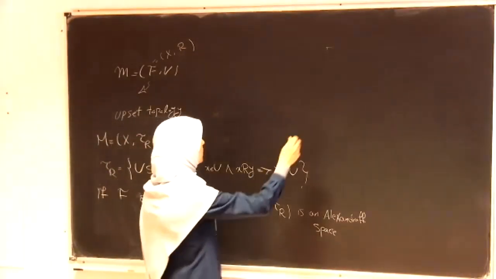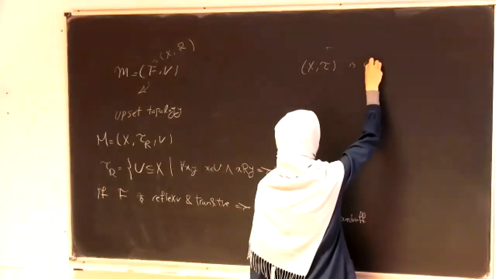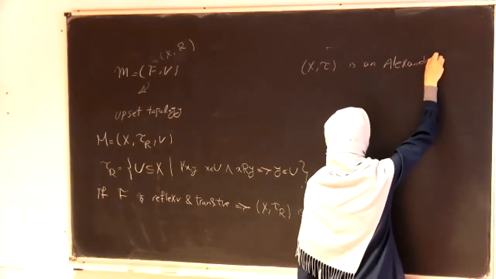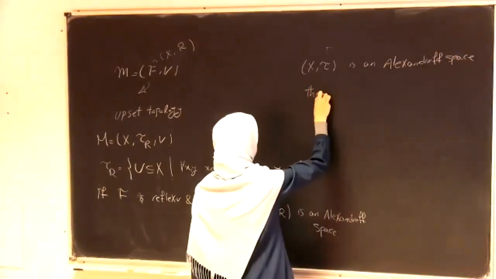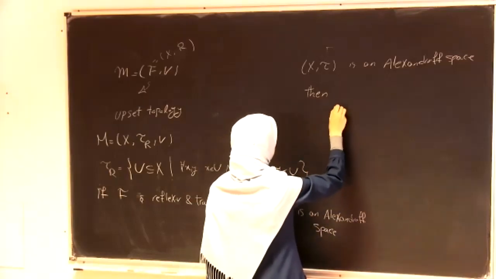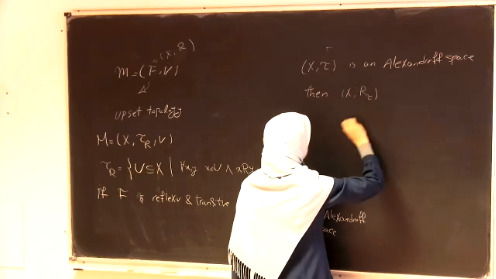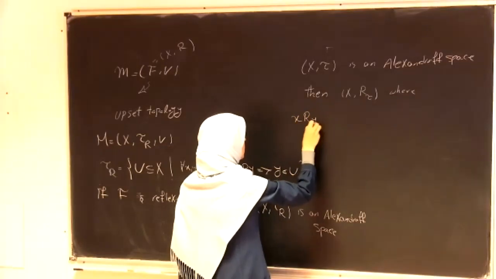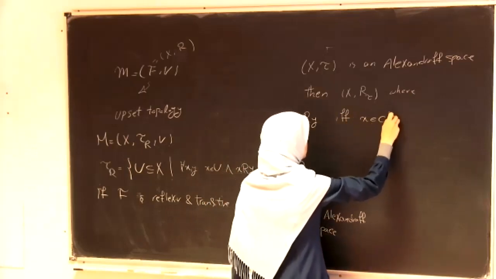Also, we saw that if (X, τ) is an Alexandrov space, then we can define a specialization relation over it, which is defined as follows: X is related to Y if and only if X is in the closure of Y.